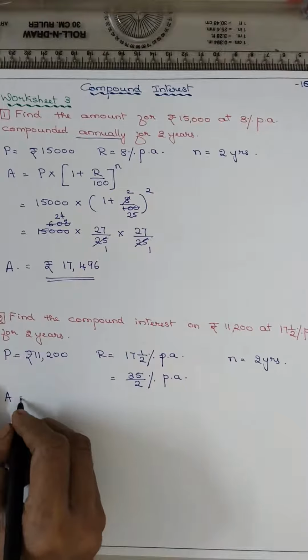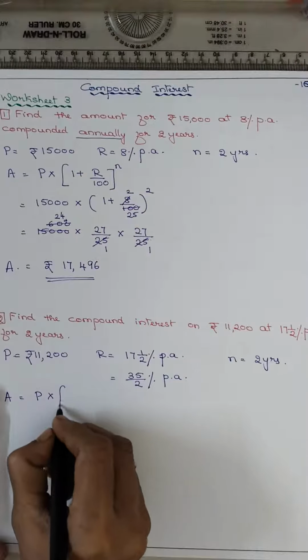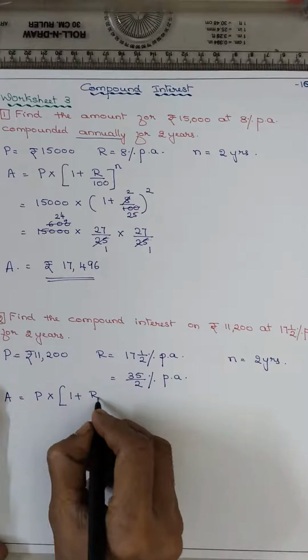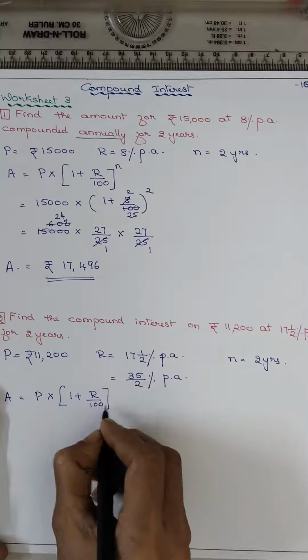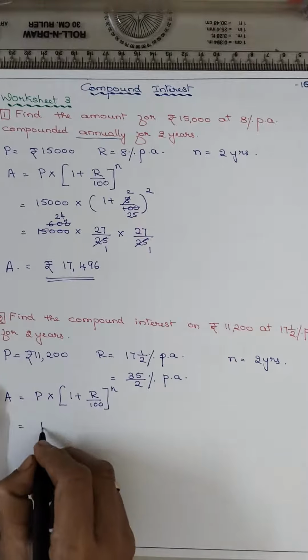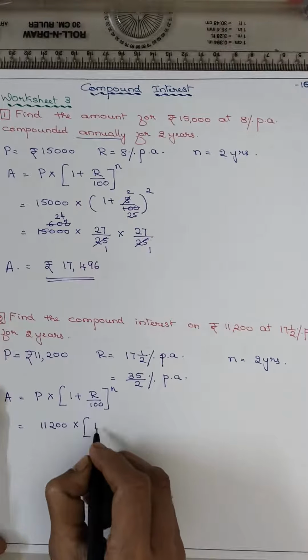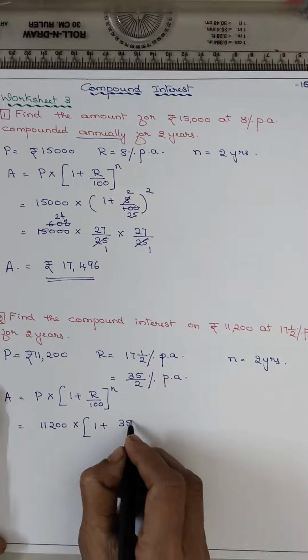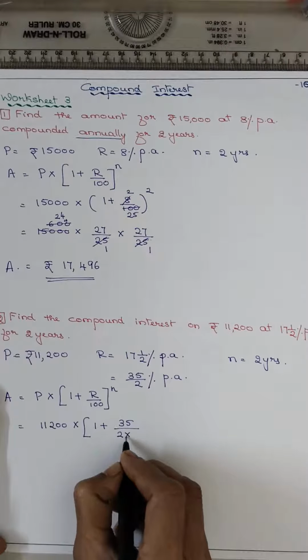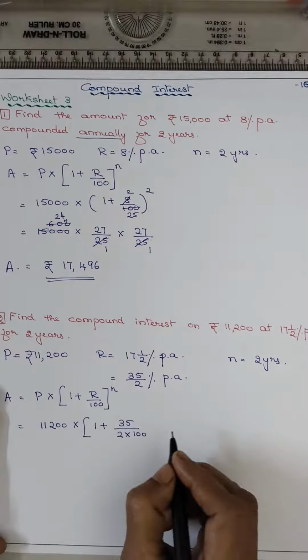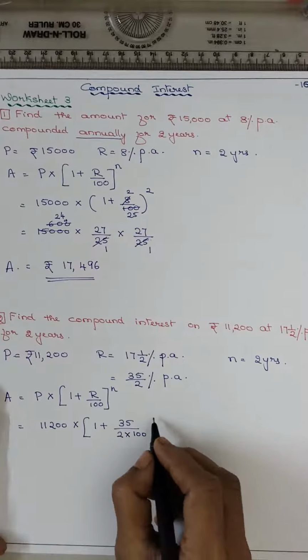So amount is equal to P into 1 plus R upon 100 the whole raised to N. 11,200 into bracket open 1 plus 35 upon 2 into 100. In the denominator 2 into 100 will be there.